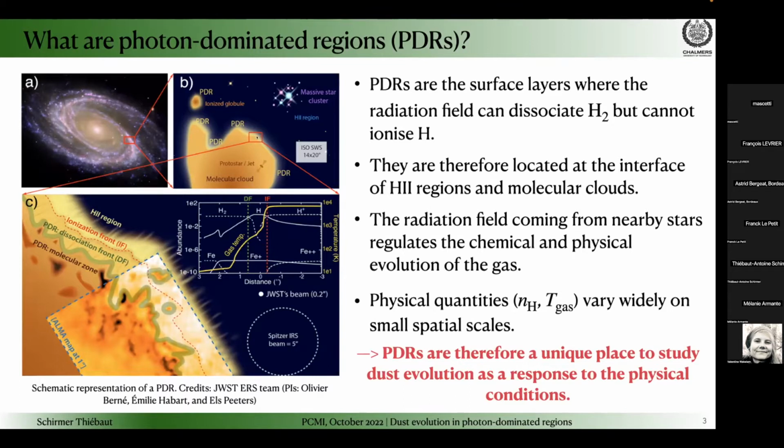And this is the end of the photo-dominated region and the beginning of the molecular region. And if you zoom inside those regions, you will find that the physical conditions are varying over many orders of magnitude on very small spatial scales. And this is why PDRs are a unique place to study dust evolution as a response to the physical conditions.